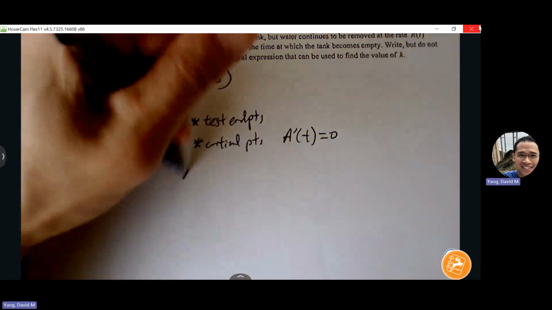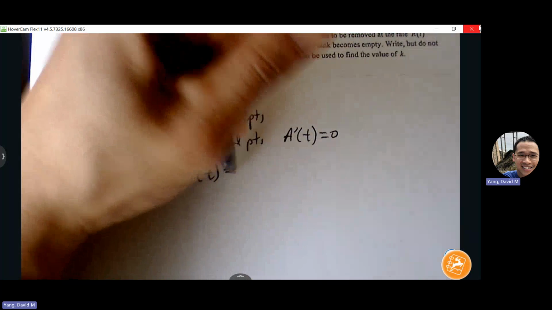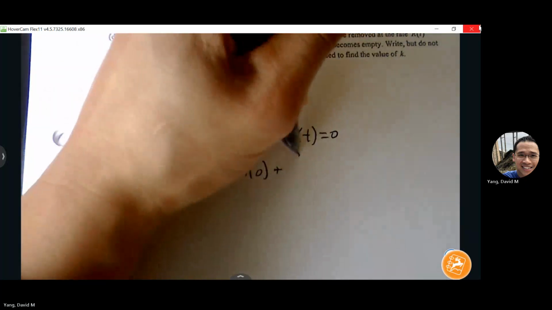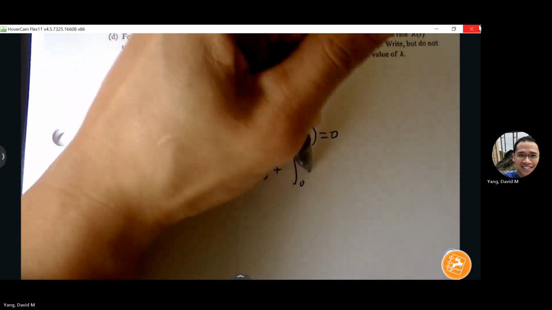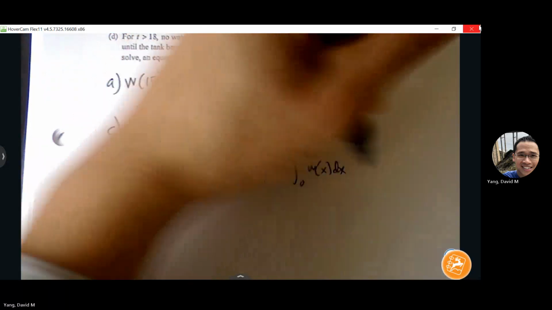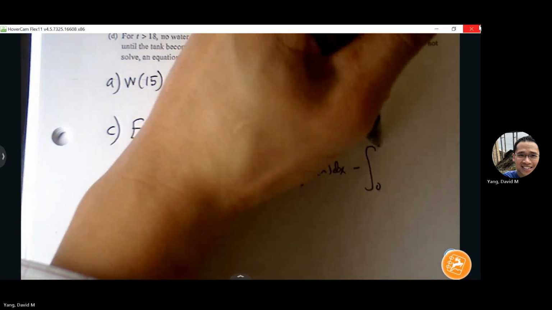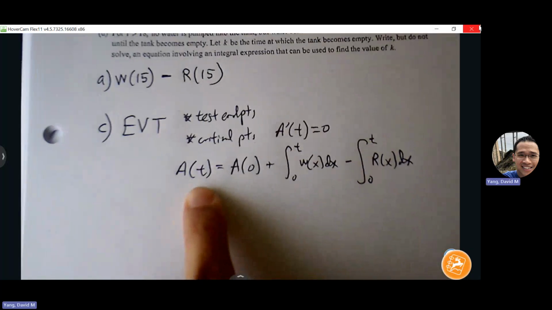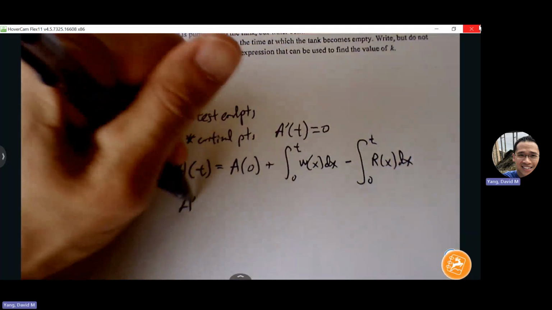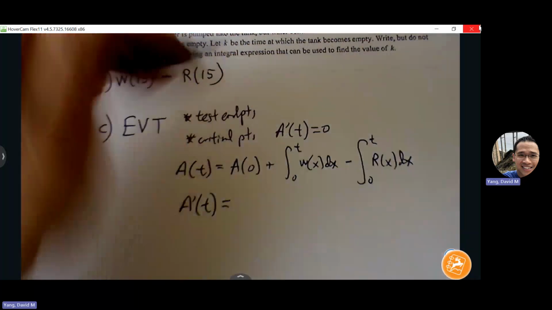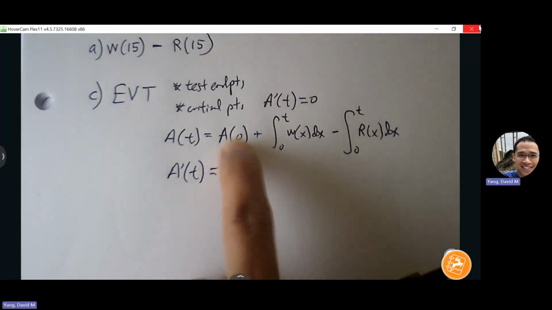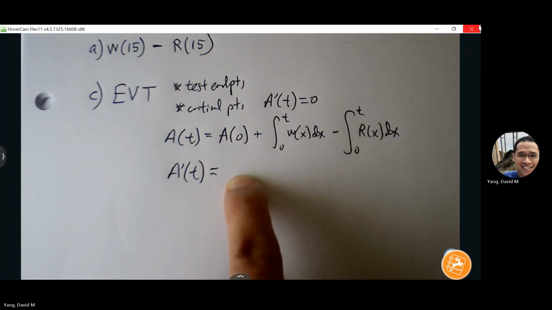Now we have A of t, so let's build the derivative here. If I want to build a derivative, that means we're going to make every term go through a derivative process. What's A of 0 going to turn into? This is just 1200, right? 1200 will just go to a what?